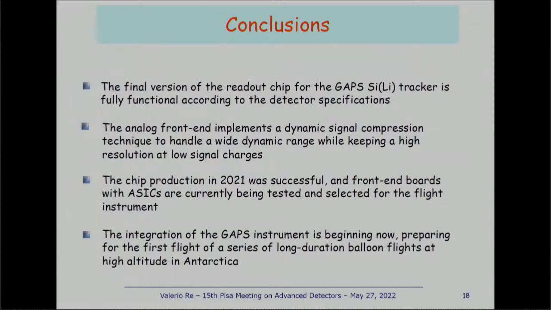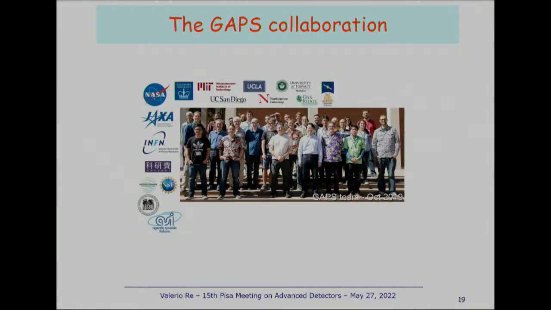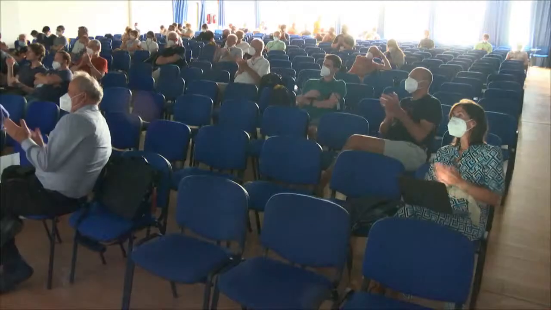And we plan to make this first flight from Antarctica with a balloon at the end of 2023. Okay, that's it. I will show you a slide of the great people in the GAPS collaboration as a final conclusion. Thank you.